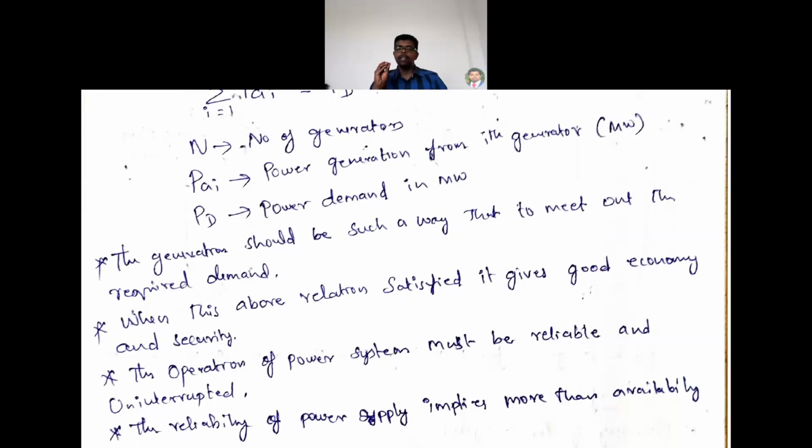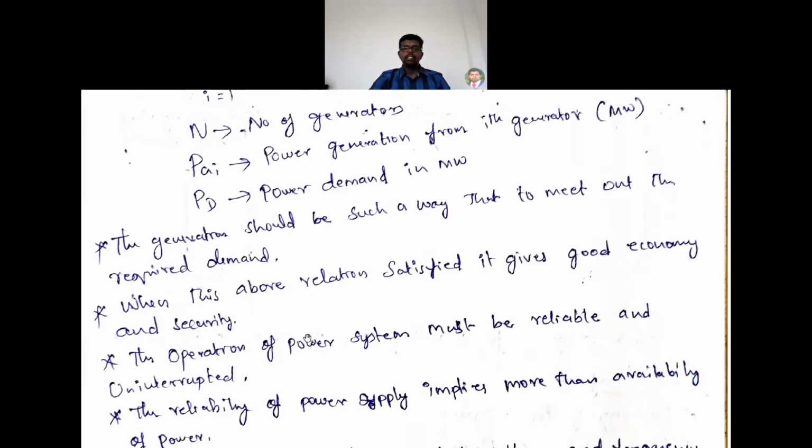For example, even a 5 minutes power interruption, how would we feel, without ceiling fans, ACs, refrigerators, washing machines? Even without 5 minutes of power, we can't lead our sophisticated life. So reliability of the power system implies more than the availability of power.